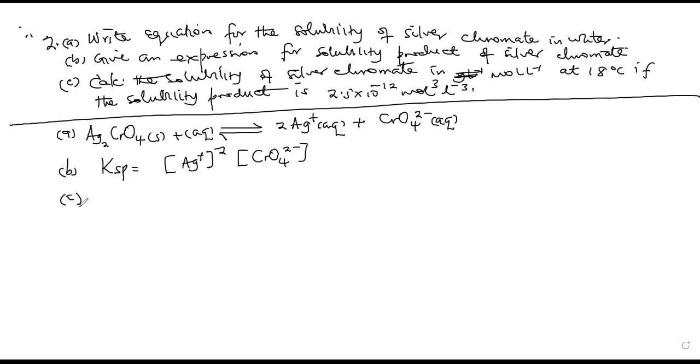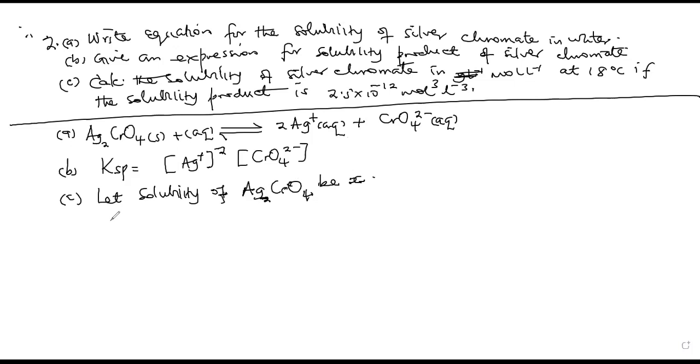Part C, calculate the solubility of silver chromate. I'm going to let the solubility of silver chromate be X. Then I will talk about the independent ions from a saturated solution of silver chromate.